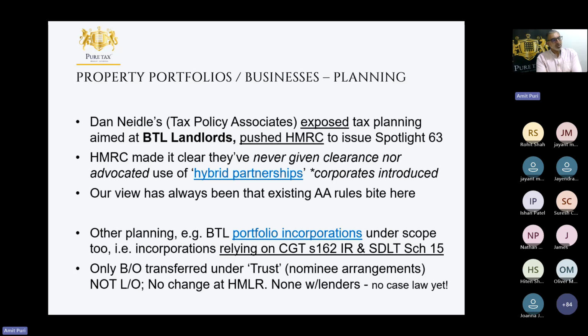The problem we're finding here in practice is that there was a one-size-fits-all product that was pushed out into the market. So people had, let's say, 2 properties. They were given this solution, and some people might have had 10 or 15 and thought they were running qualifying businesses. But quite frankly, if they weren't actively involved in the businesses because they had letting agents and they were professionals, there might be bankers, there might be dentists, whatever, they had other things they were doing full time, they weren't going to satisfy the qualifying criteria for CGT relief.